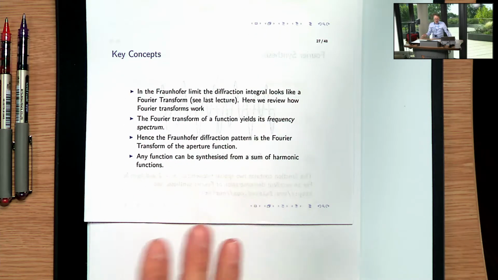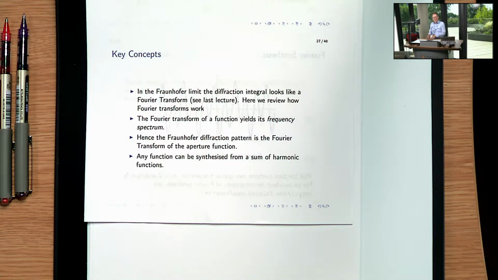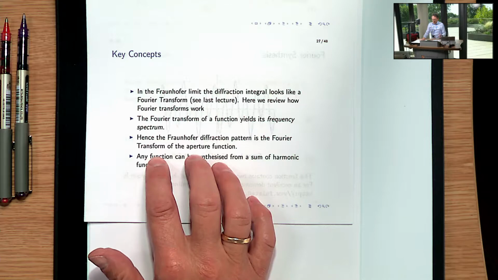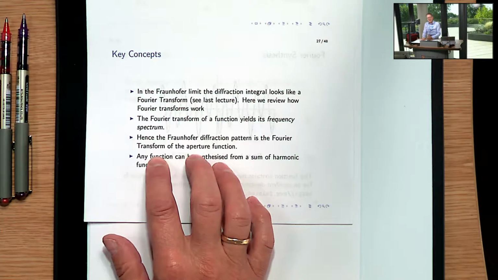We will think always in terms of real space and frequency space when we talk about microscopes. And the imaging system, the conjugate planes, tell you how you go from one space to the other, from real space to frequency space, and then from frequency space back to real space.